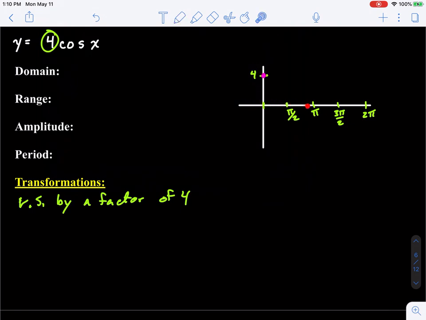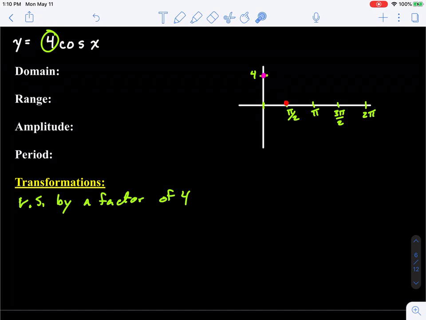The x-axis is still the central axis. Remember, with the sine graphs, you always started on the central axis. Cosine is always going to be starting at the high point.